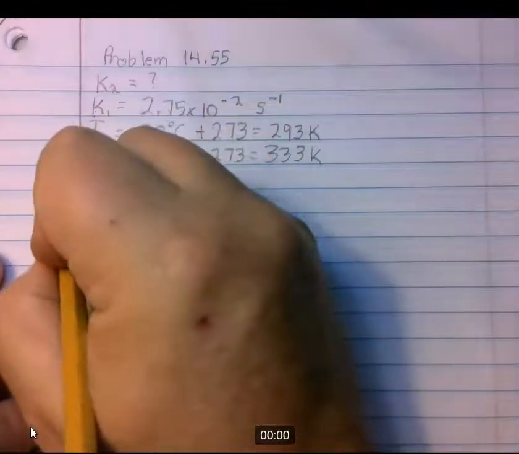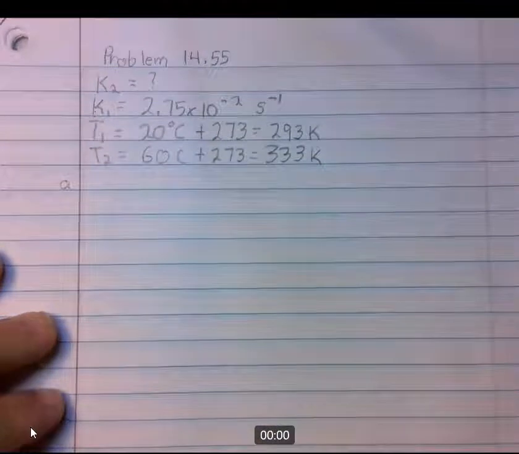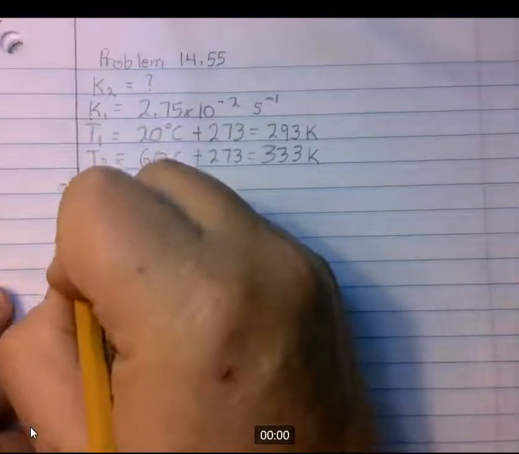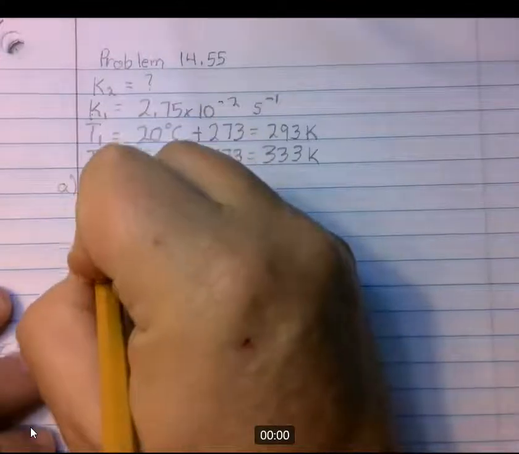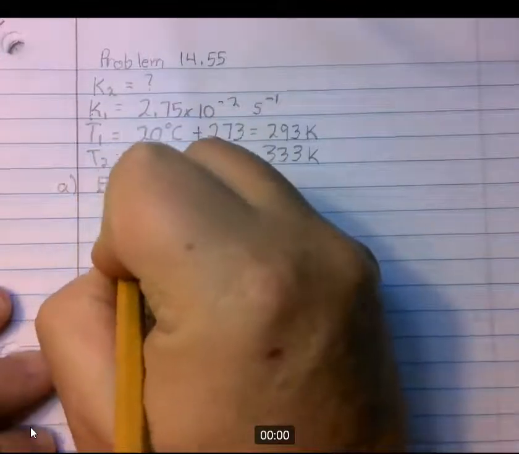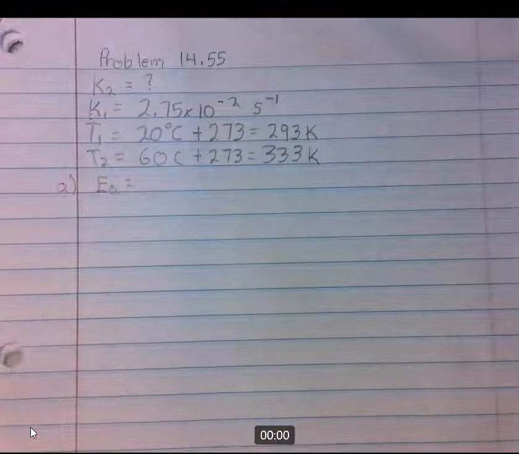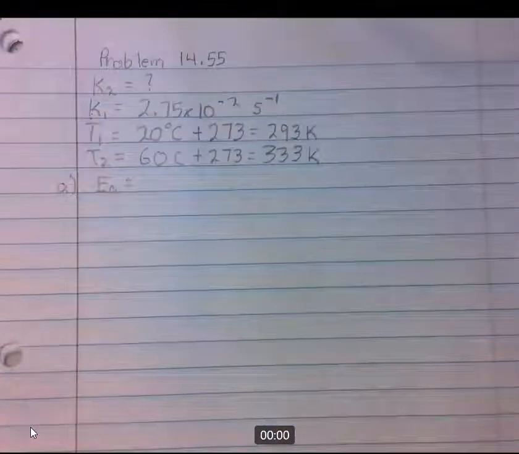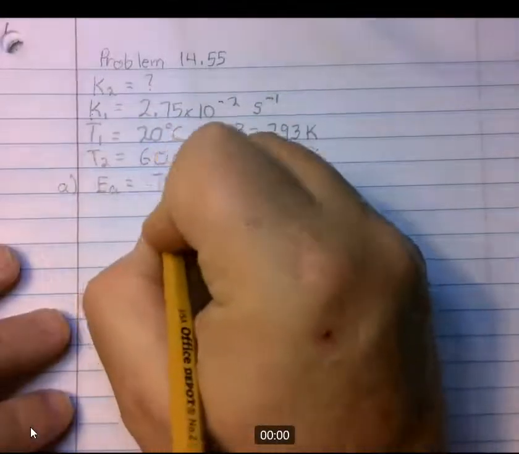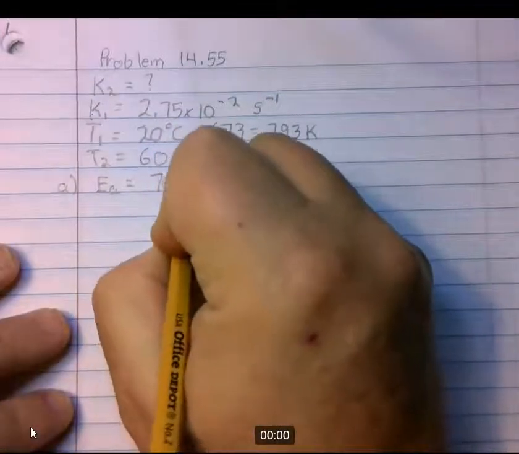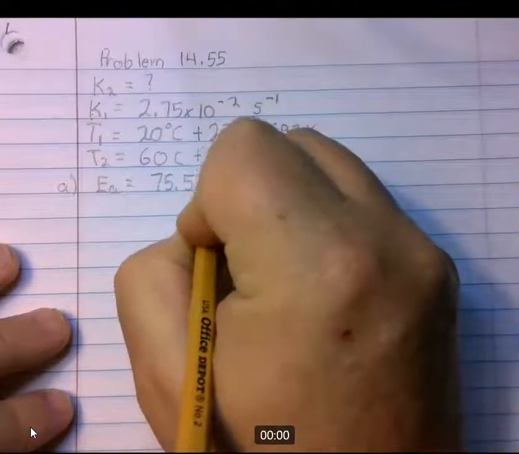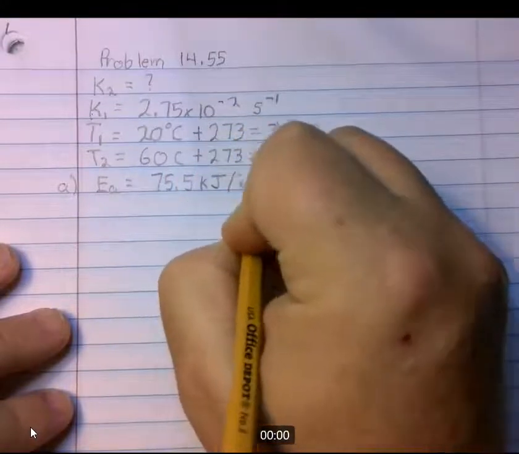All right, and then in situation A, so these data are going to apply, and questions are going to apply to both situations. In situation A, they're telling us that the activation energy is 75.5 kilojoules per mole.